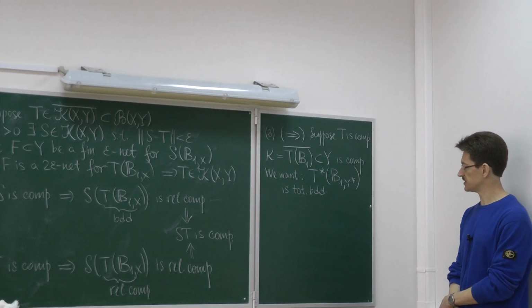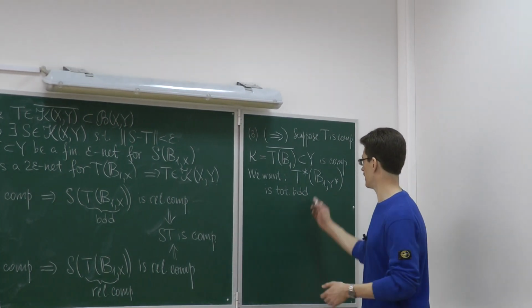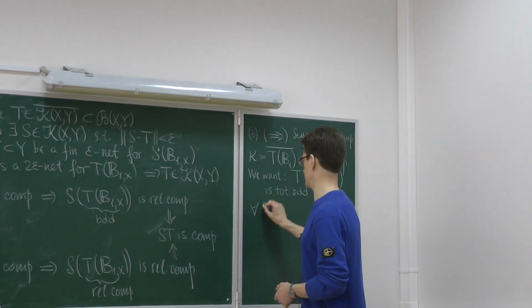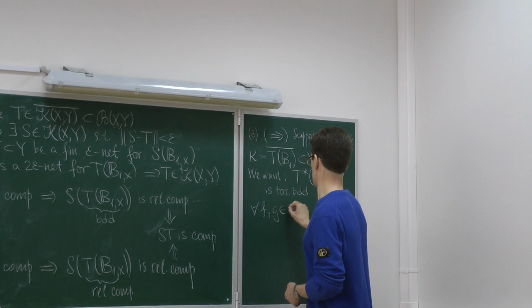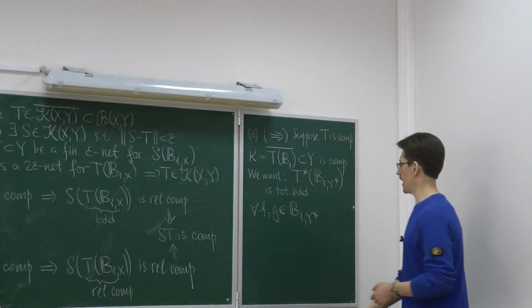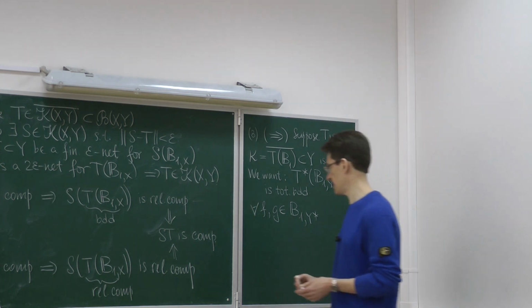As a preliminary step towards this goal, we take two functionals in this ball, say f and g, and let's try to calculate the distance between their images under T star.